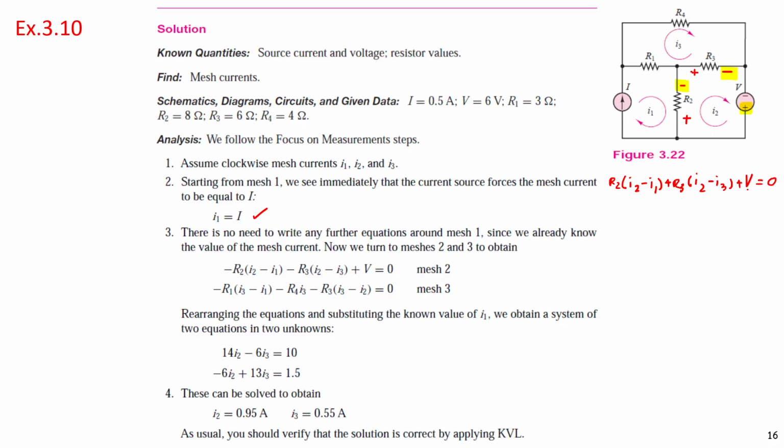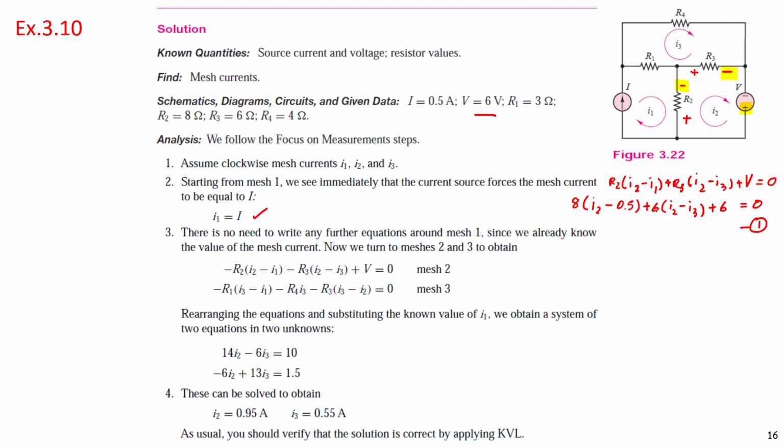Then we substitute the known values: R2 is 8, so 8 into (I2 minus I1), I1 is 0.5, plus R3 is 6, (I2 minus I3), plus 6 volt equals 0. This is equation 1.